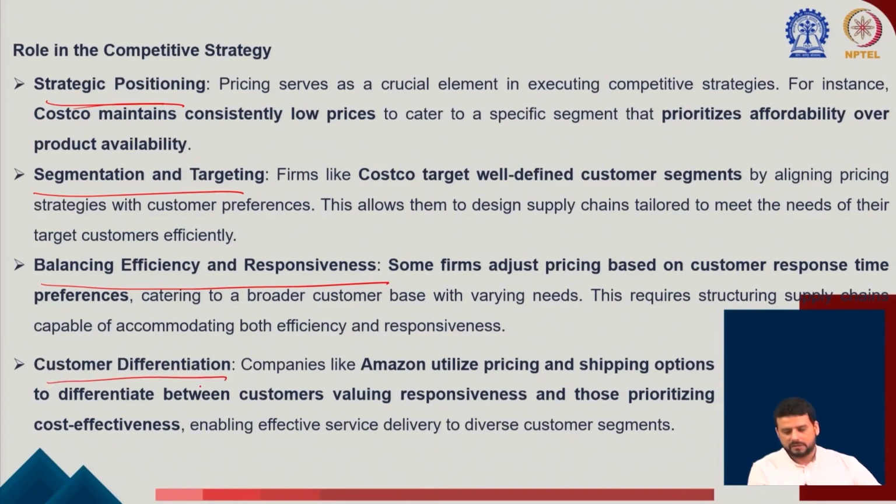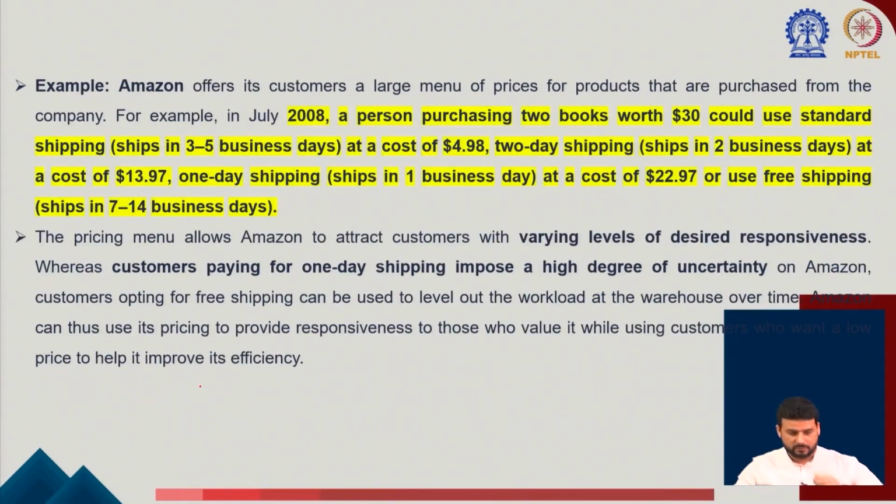Customer differentiation, usually Amazon is doing that. They have different types of customers, and I have included one case study on Amazon. We'll go through that quickly. This is the case study. If a customer is purchasing 2 books, $30 is the price, and they ask for standard shipping, it will be shipped in 3 to 5 days at a cost of maybe $5.